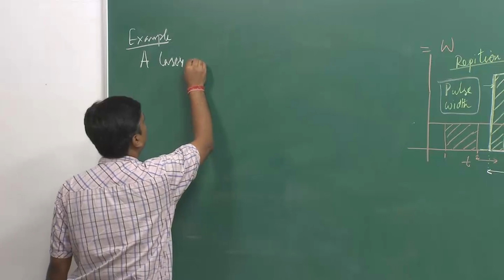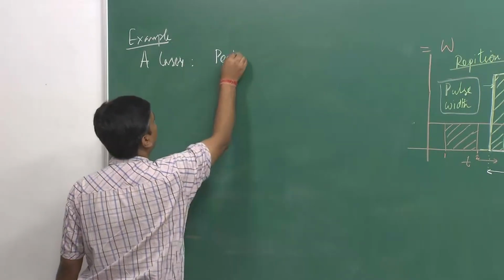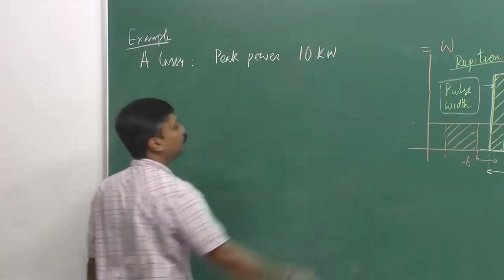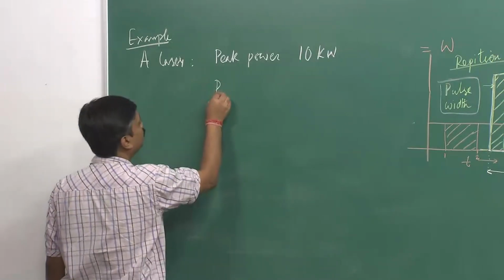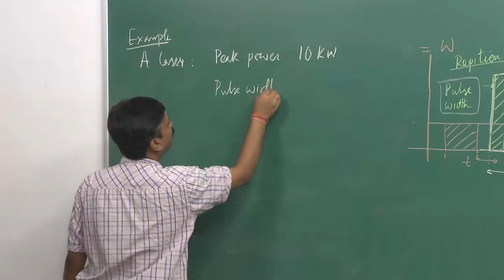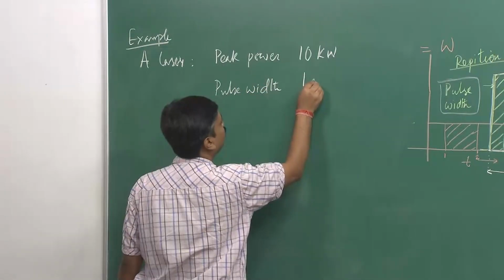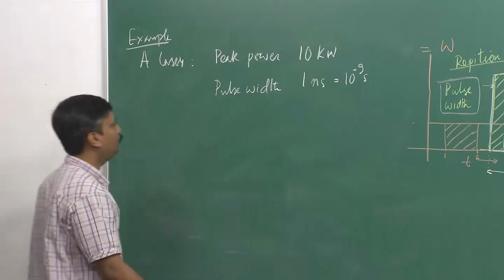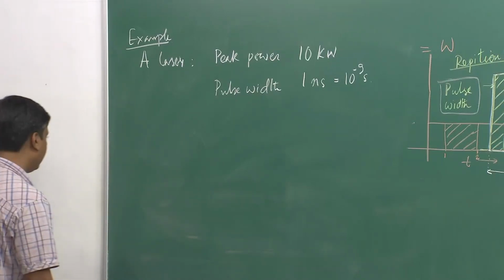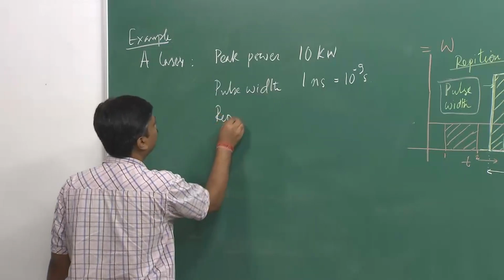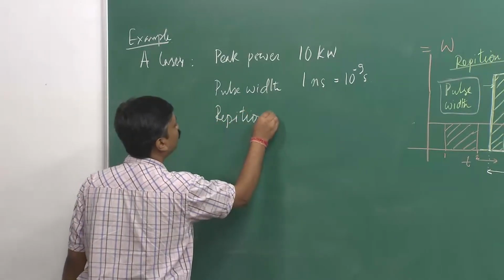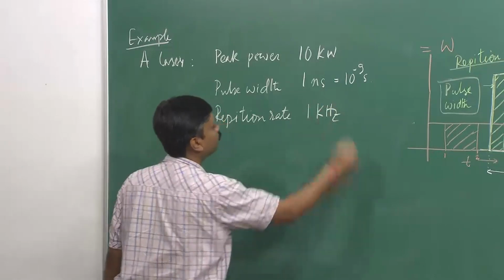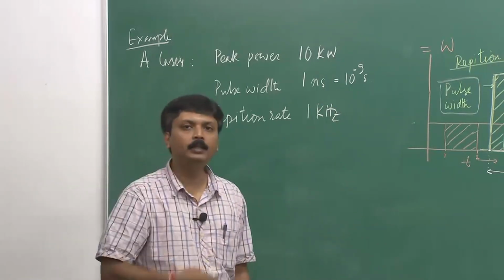So, for this laser I have a peak power of 10 kilowatt, and have a pulse width of say 1 nanosecond, which is equal to 10 power minus 9 second, and it has say repetition rate of 1 kilohertz. That means there are 1000 pulses per second.